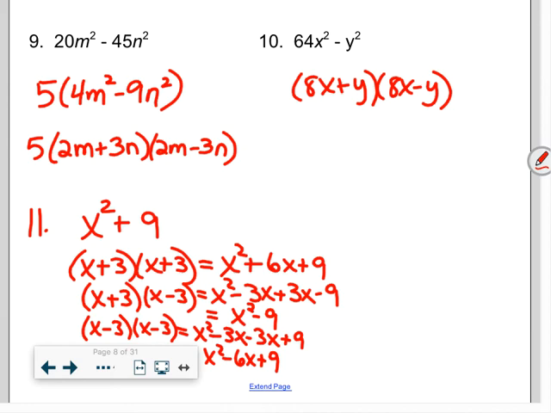So guess what? The sum of two squares is prime, and I'm going to say this over the set of real numbers. We're going to learn something later in chapter 4 called the complex numbers, imaginary. It will factor over the imaginary, but it's not going to factor over what we know so far.